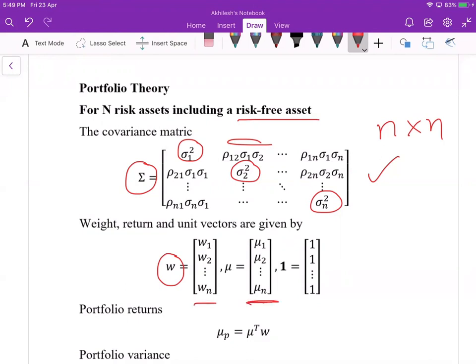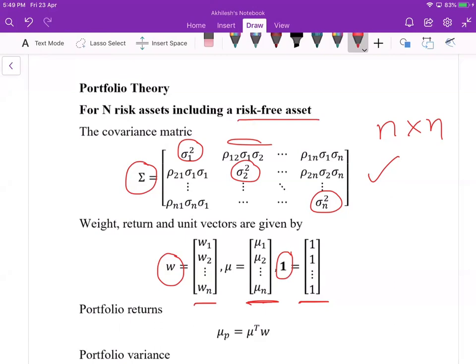And this one, the bold 1, represents the unit vector. All of that we will use while doing the computation.